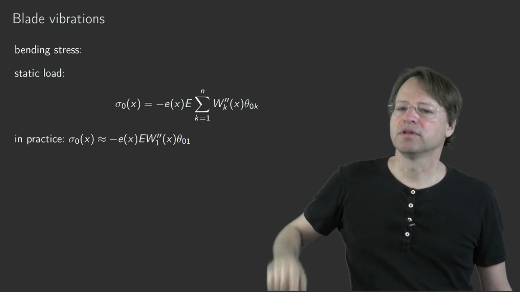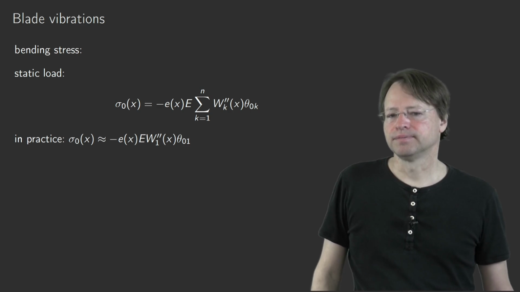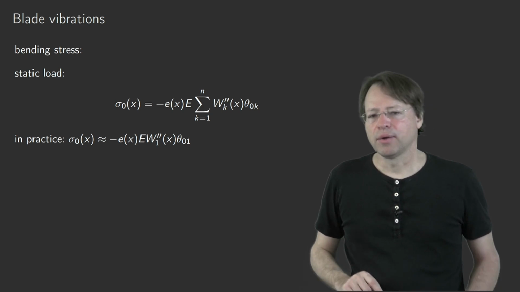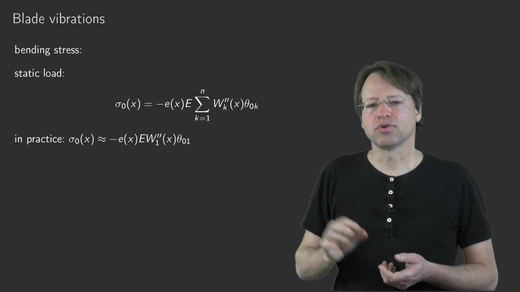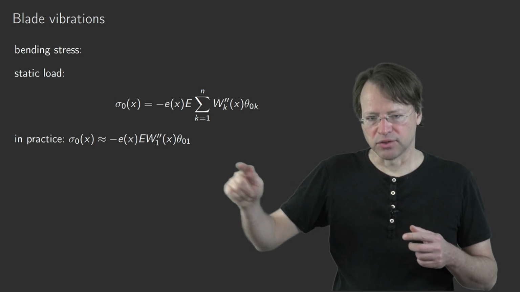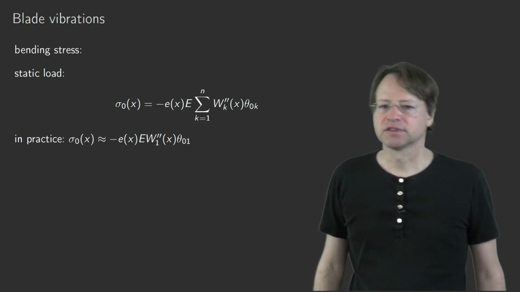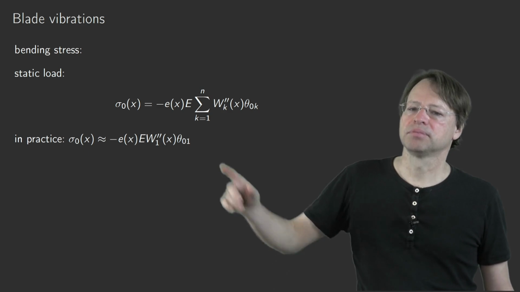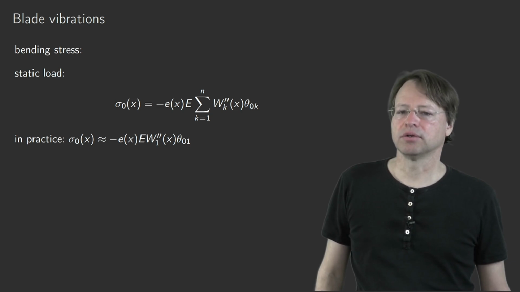However, in practice, only the first mode is the one that leads to the highest bending stress, with a certain remark that due to the mode shape, if you consider a local stress, so local with respect to that value of x, there could also be some other mode that is dominant. So you always have to look also at the maximum of the second derivative. But usually it will be that first mode that should be taken into account.